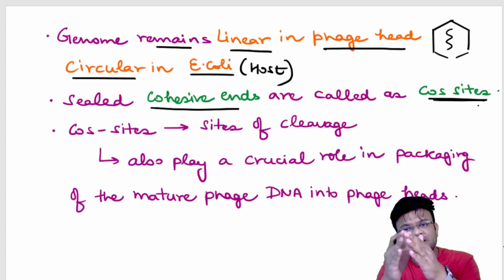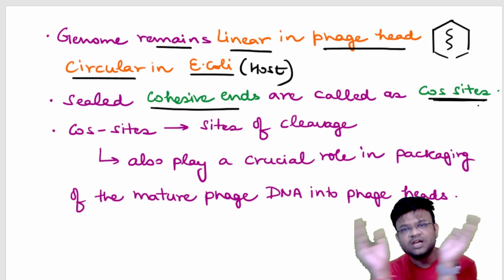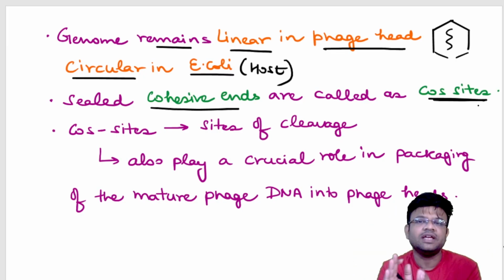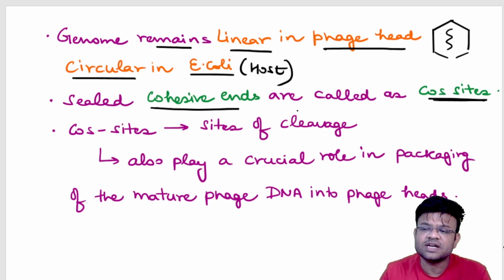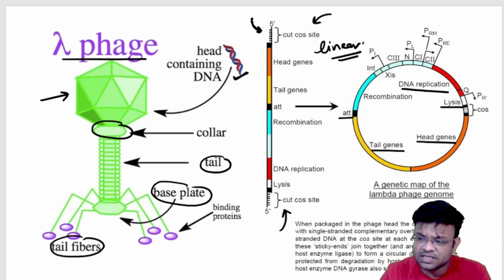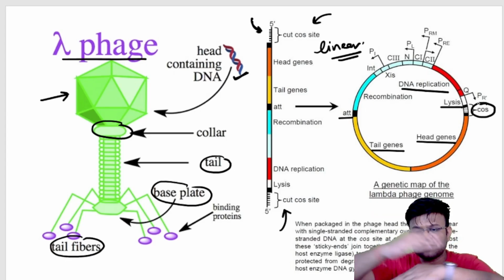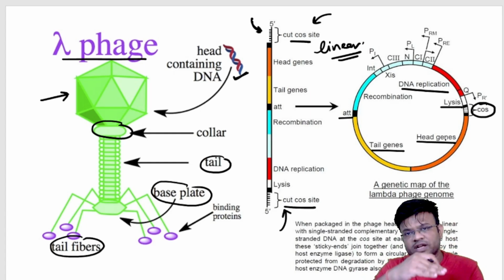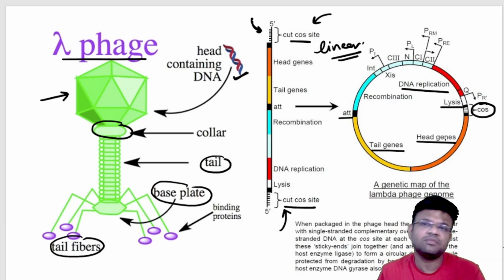Now when the genome wants to again become linear, the cos sites would be cut off and it will again become linear. Over here you can see that the cos sites are sealed. That means they are again paired. So the cos site over here pairs with the cos site over here. So it becomes circular. Again, when it wants to become linear, the cos sites are cut and they become linear.